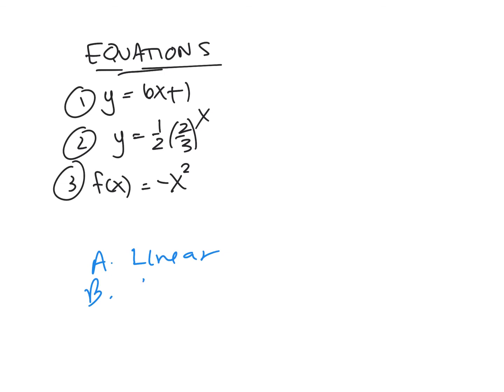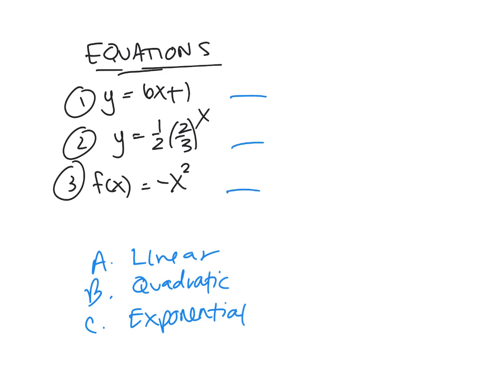Is it linear? Is it quadratic? Or is it exponential? To see if you can identify it from an equation, since we didn't really do that yet. And you could look back at your notes to see this as well, but go ahead and pause the video and just take 2 minutes, see if you can put A, B, and C in whatever order they go in here.